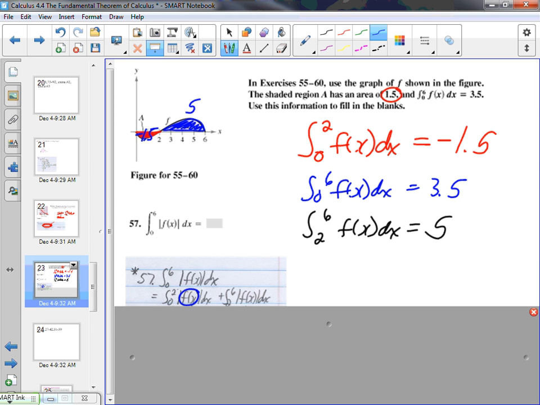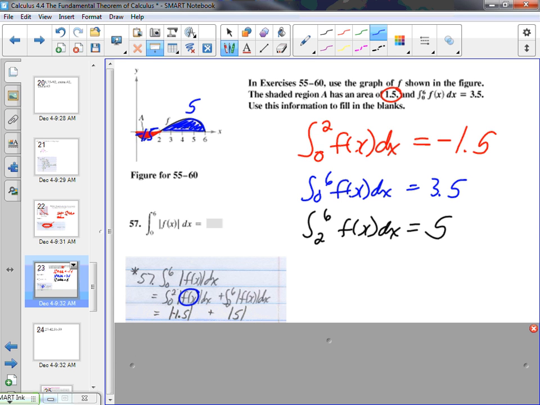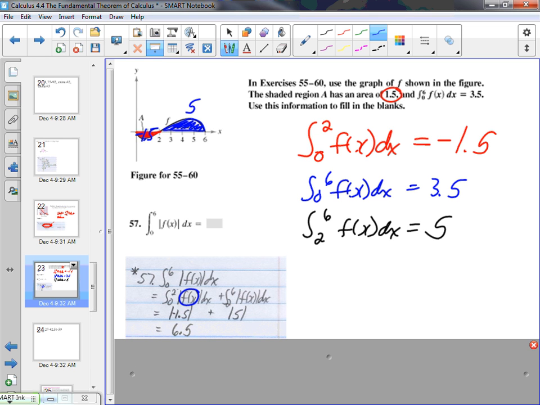I got to change the sign one way or the other, right? Since I know it's negative. So we've already figured out that that integral is a negative 1.5. So when you take the absolute value of it, it'll be a positive 1.5. And then from 2 to 6, we'd already figured out that that integral is 5. The absolute value of 5 is 5.